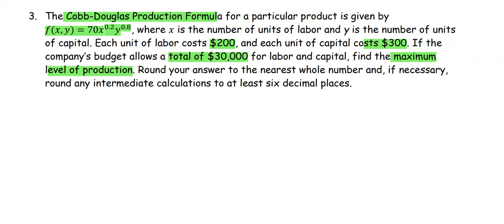We are going to optimize this function with the condition that the total is going to be $30,000 for the cost of the labor and the cost of the capital, where x represents the units of the labor and y represents the units of the capital. That means the constraint for this problem is 200 multiplied by x plus 300 multiplied by y must be the total 30,000.